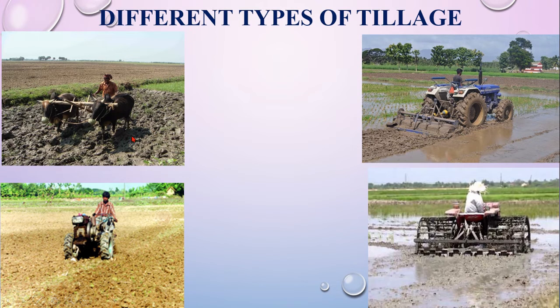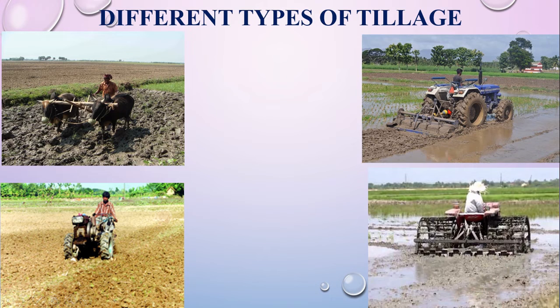So in our country, the maximum number of farmers use this type of machine. But nowadays, the Department of Agriculture Extension and the Ministry of Agriculture provide different types of machines.